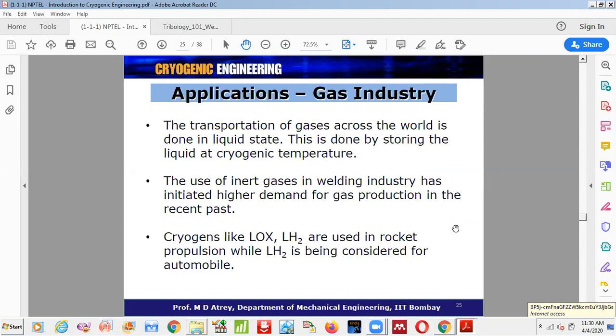The use of inert gases in welding industries has initiated higher demand for gas production in the recent past. Cryogenics like LOX and LH2 are used in rocket propellants, where LH2 is liquid hydrogen and LOX is liquid oxygen, and hydrogen is being considered for automobiles.